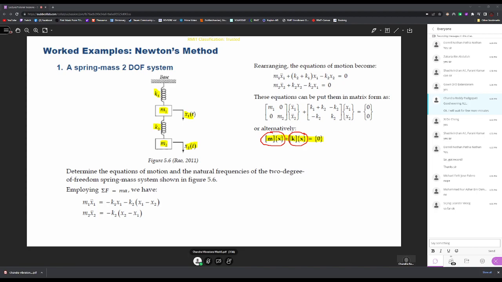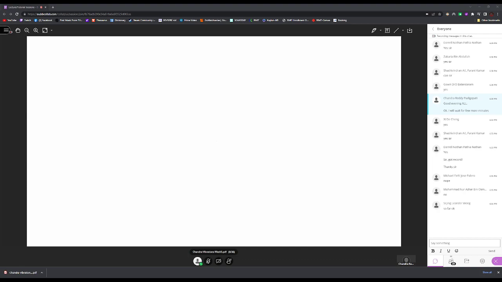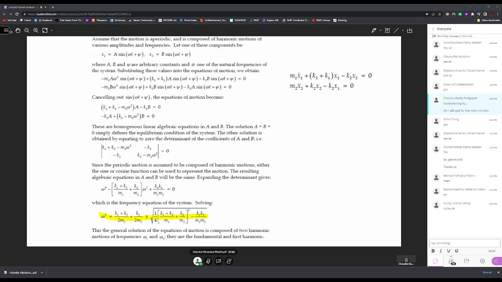This is the advantage of the matrix arrangement. A matrix is nothing but an arrangement of numbers in rows and columns. You can see the applications of matrices both in solid mechanics and in mechanical vibrations.